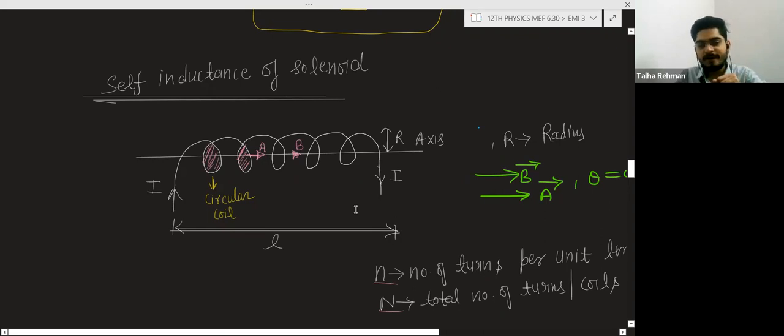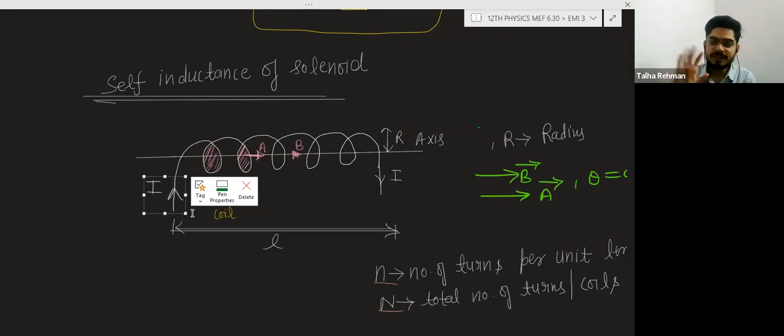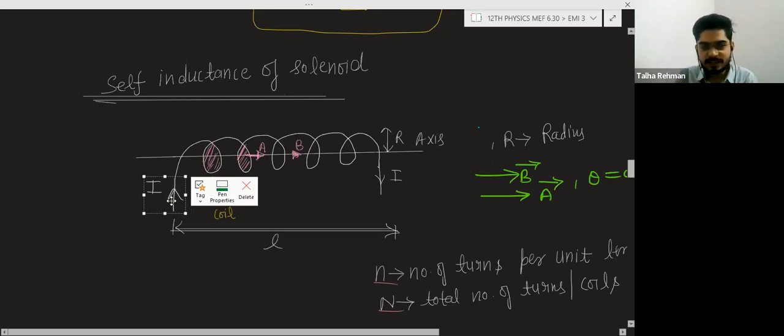Automatically, there will be a current induced in this coil to oppose the increasing or decreasing current. If the current in this solenoid is increasing, then the current is induced to decrease the increasing current. If this current is decreasing, then the current is induced to increase the current.